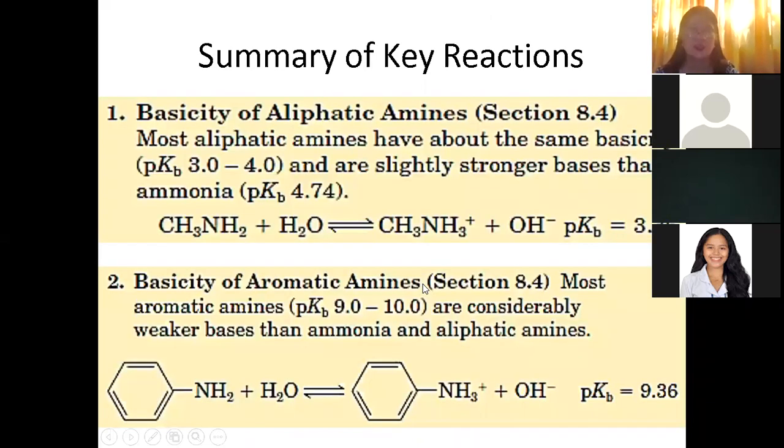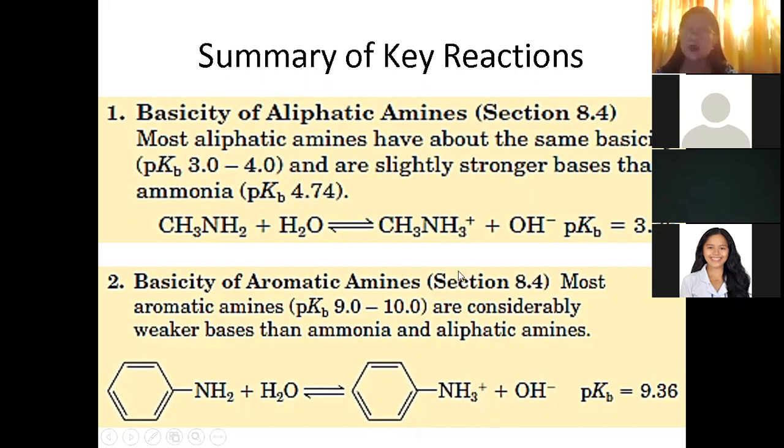Okay, so as a summary for the key reactions, for the basicity of aliphatic amines, all you have to do is, if it is with water, this will be in the form of a cation, and this is HOH. The water is HOH. One of your hydrogens will add here to make it a positive ammonium, that is CH3NH3 and your OH. That is for the basicity of aliphatics. For aromatic, same thing also.